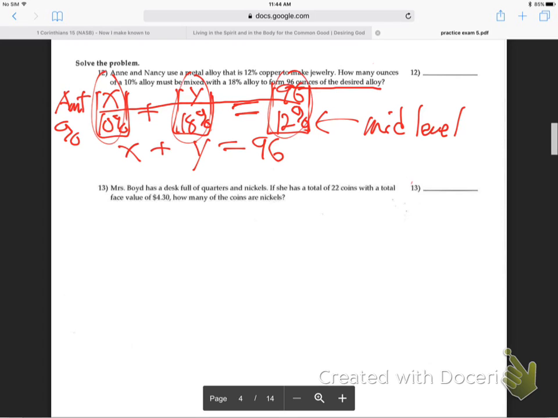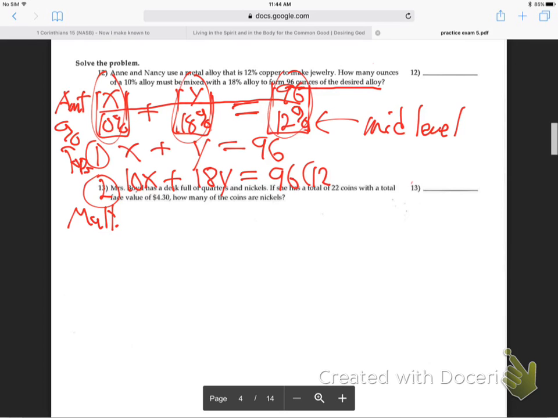You multiply: 10 times x, 18 times y, and 96 times 12. Somebody have a number on that? 1152. Thank you. Is that good?